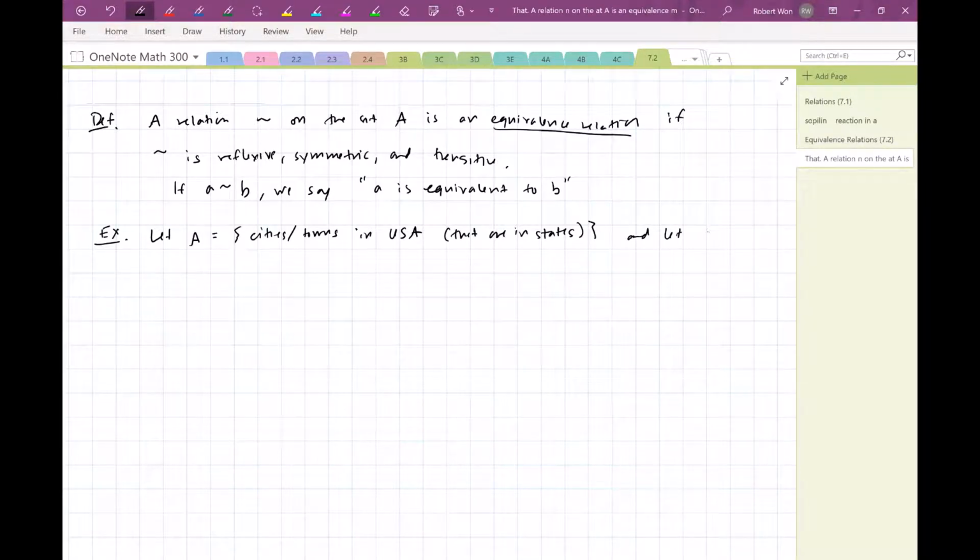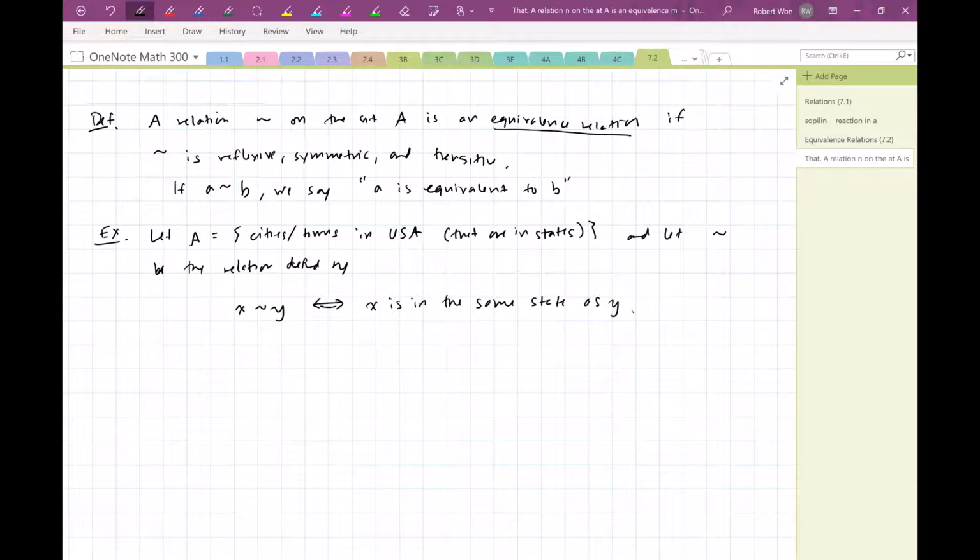And let's let this be the relation defined by the following property. I'll say that x is related to y if and only if x is in the same state as y. Okay, so this is a very natural relationship between any two elements in the set.